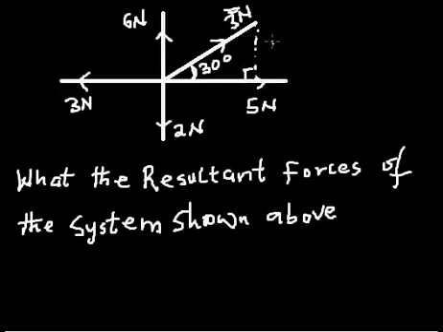The vertical component of this 3 Newton, Fy, is going to be equal to 3 multiplied by sine of the angle, 3 sine 30.